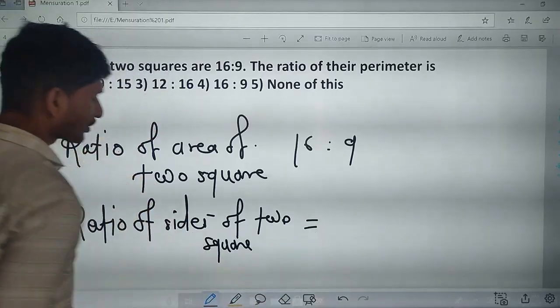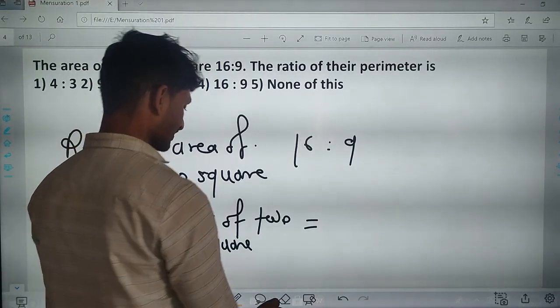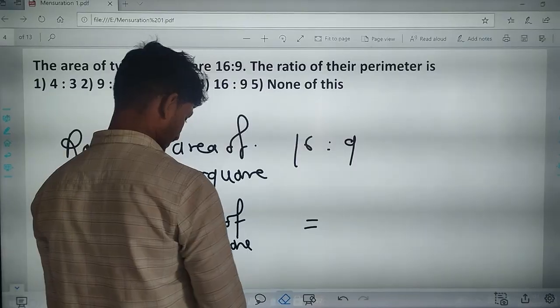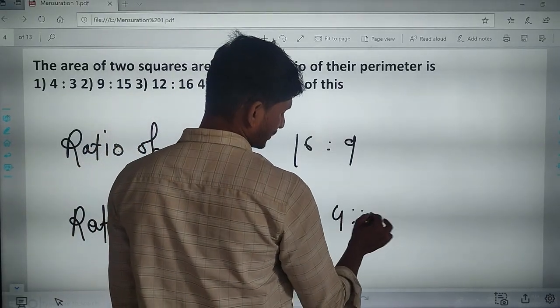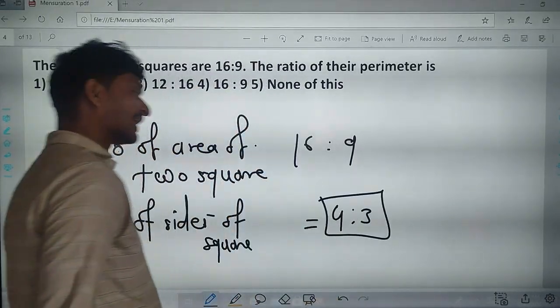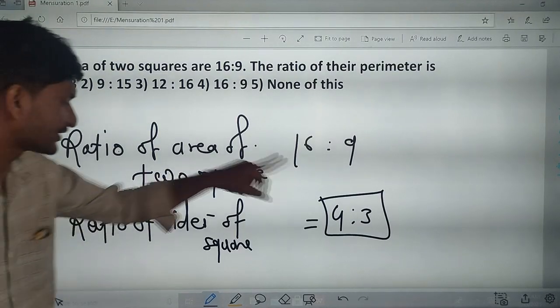The ratio of the sides of the squares is equal to 4:3. Then the ratio of perimeters is also 4:3.